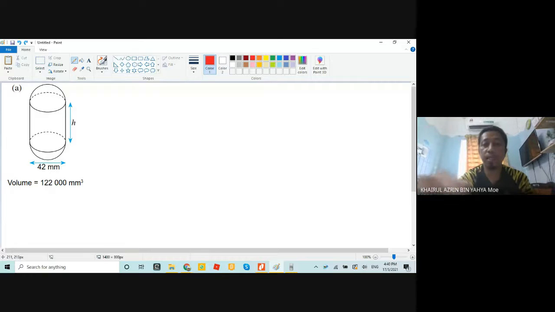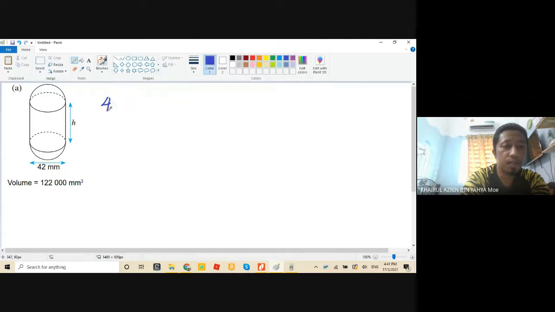Okay, so we answer this one. The volume for a sphere, the formula is 4 over 3 pi r cube. This is the volume of a sphere. Plus the volume of a cylinder.